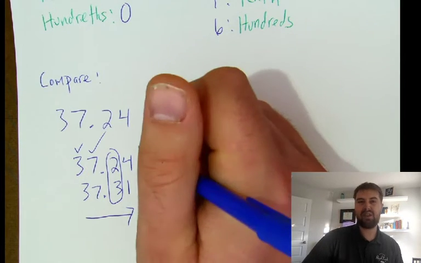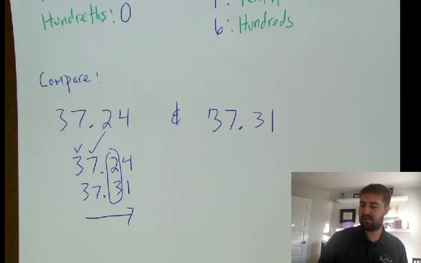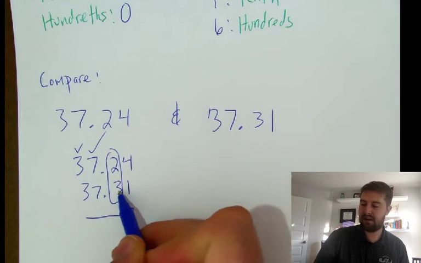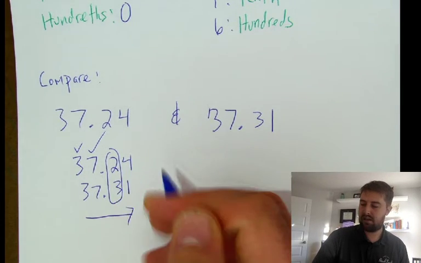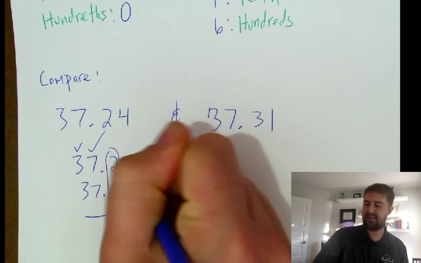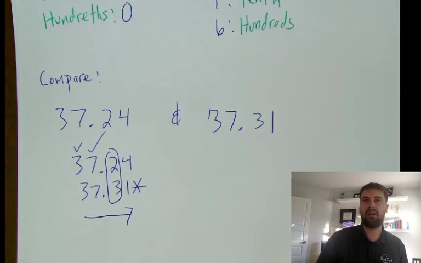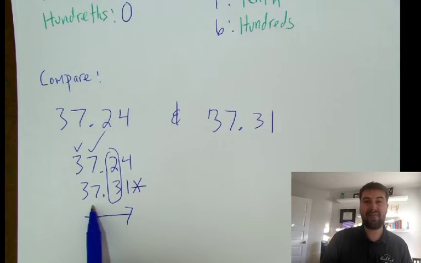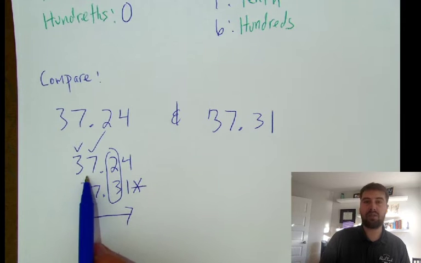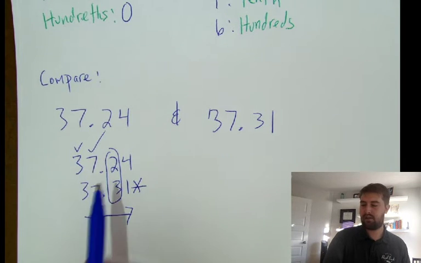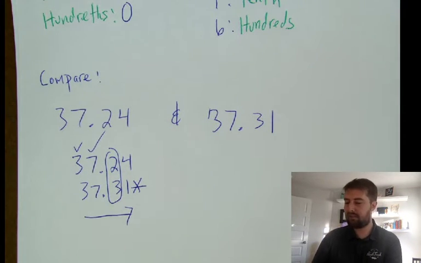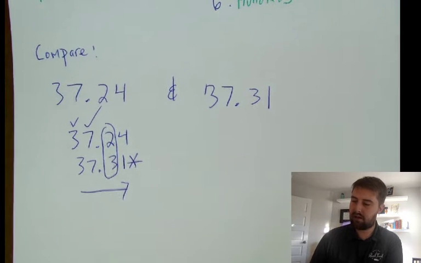So we're going to say, which of these is bigger? Well, I know that 3 is bigger than 2. So that means this one down here, 37.31, is bigger than 37.24. The way we say that is 37 and 31 hundredths is greater than 37 and 24 hundredths. All right, let's start this up. I'm going to give you 2 to do on your own.